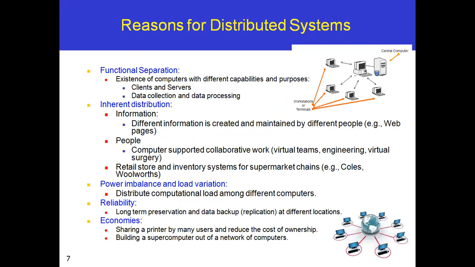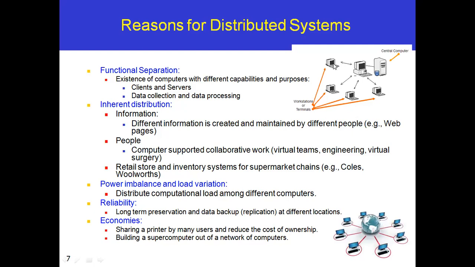Next, see the reasons for distributed systems. The first reason for distributed systems is functional separation. See the diagram on the top right.